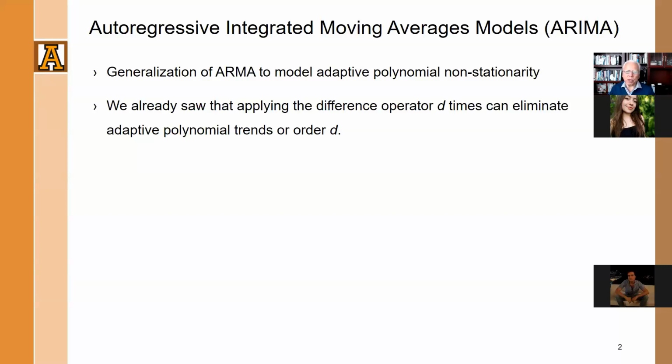Let's suppose that the underlying polynomial that reflects the general trend of a series is a polynomial of order 3. Then to make that series stationary, we would have to take 3 differences. So d will be equal to 3. We'll specify by little d the number of differences we have to take.